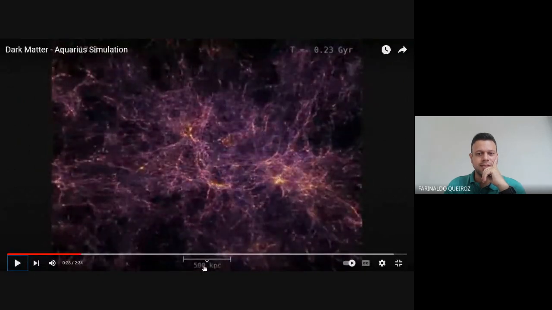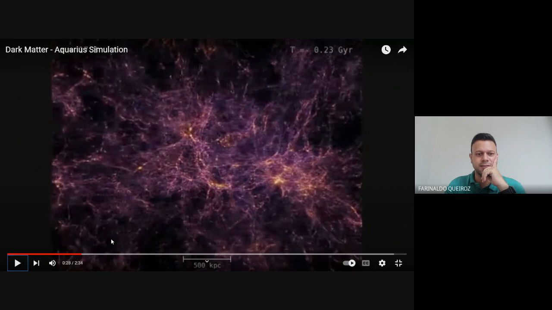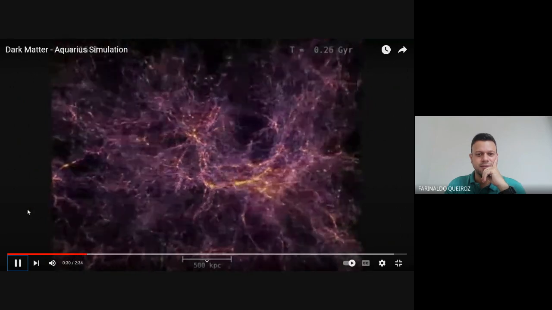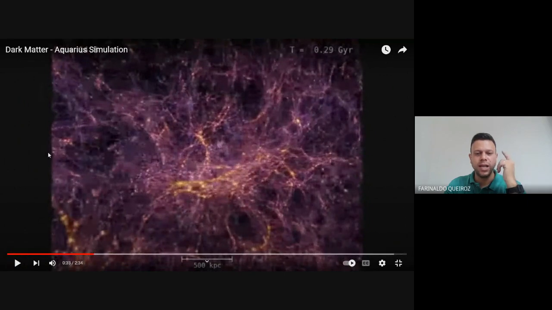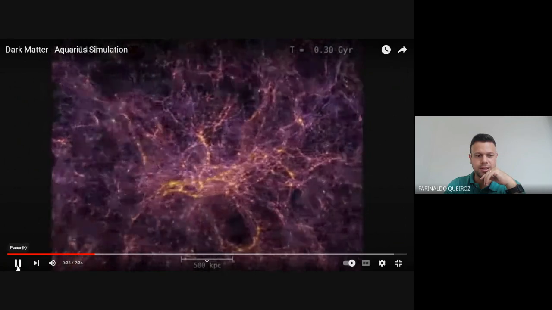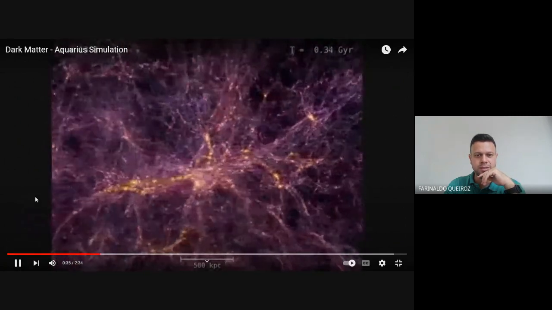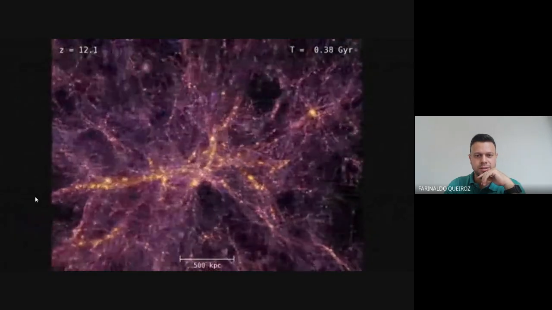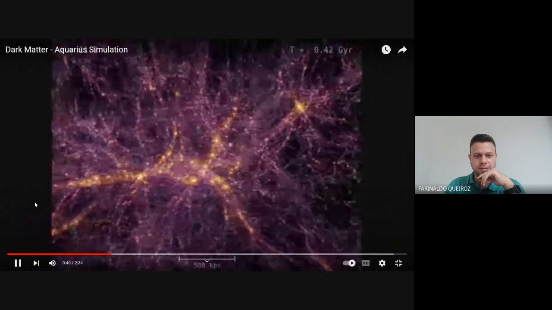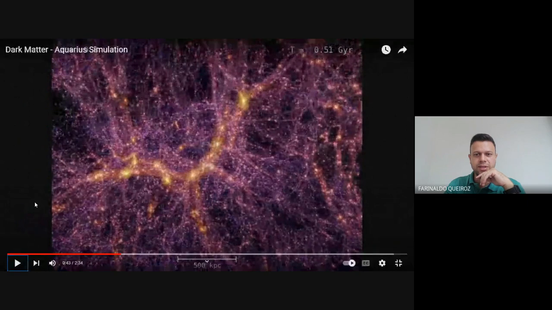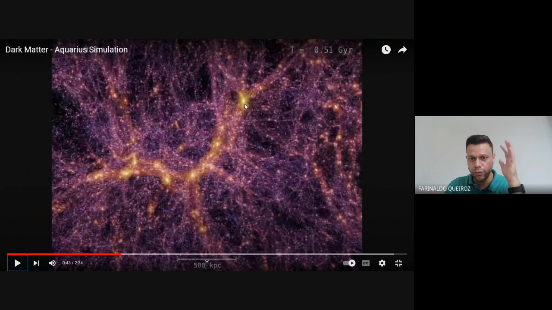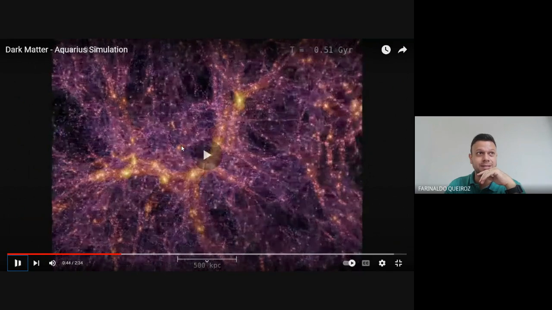Look at the size, that's 500 kiloparsecs. So this one is not from one galaxy, because 500 kiloparsecs is like our universe. Every very bright spot you see is a galaxy, basically.